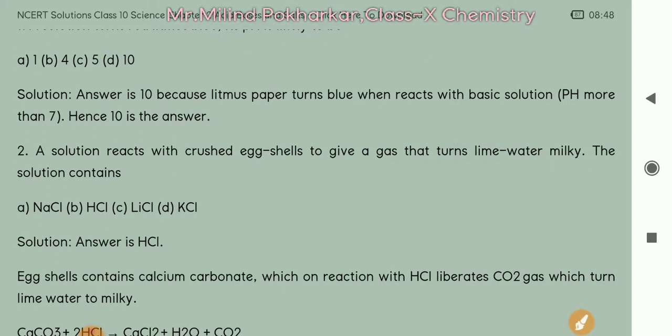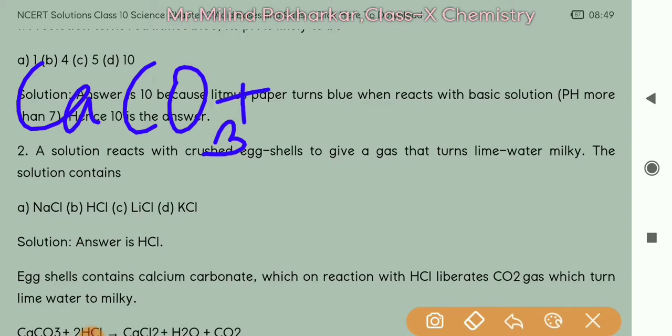The second question is: a solution reacts with crushed eggshells to give a gas that turns lime water milky. The solution contains, now see, eggshell contains calcium carbonate.